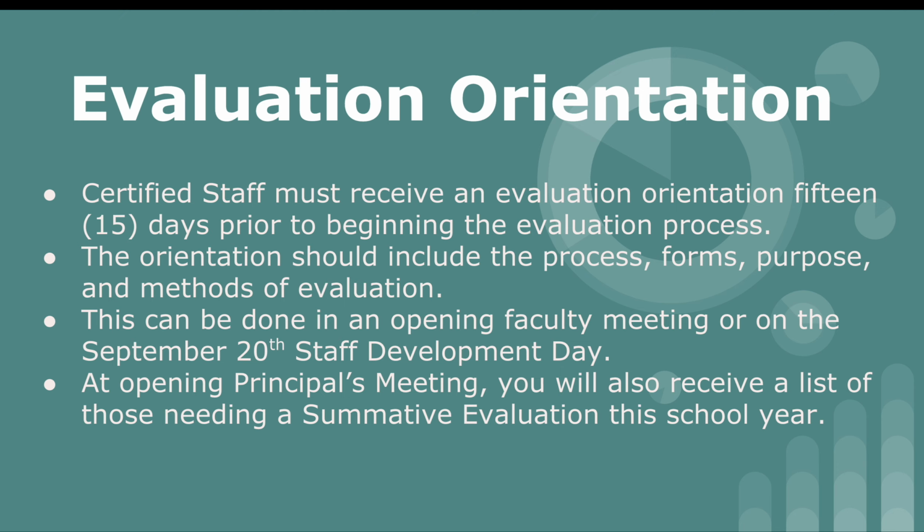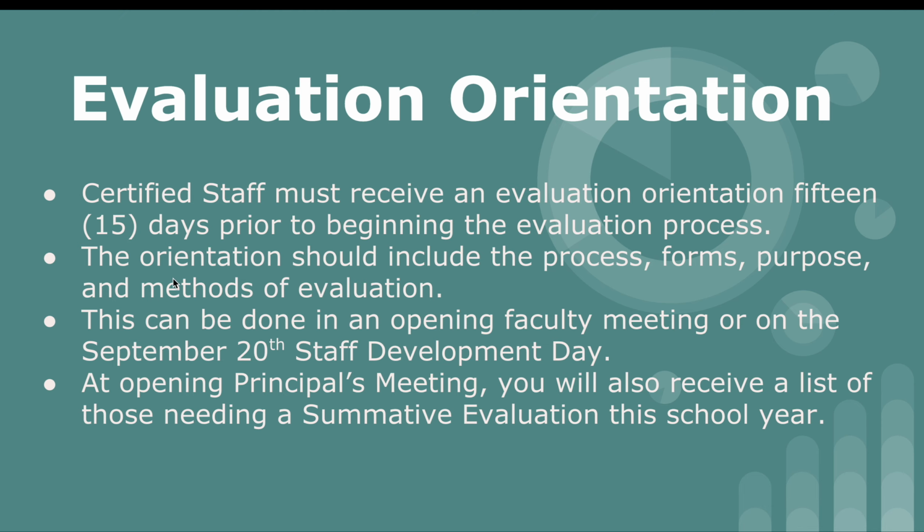So you have to be notified. Certified staff must receive an evaluation orientation 15 days prior to beginning the evaluation process, which is perfect. Today's September 17th. My goal is to start these evaluations in October. So you have some heads up that this is coming.